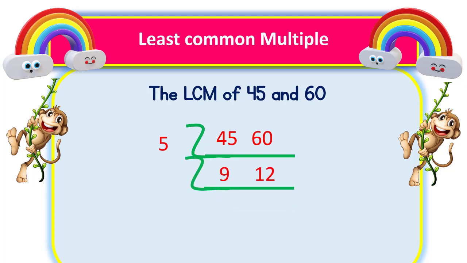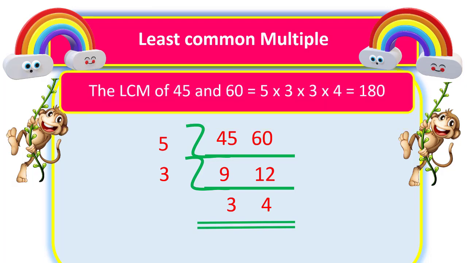Now what number can divide 9 and 12? Very good, it's 3. 9 divided by 3 is 3 and 12 divided by 3 is 4. So the least common multiple of 45 and 60 is 5 times 3 times 3 times 4. It is equal to 180.